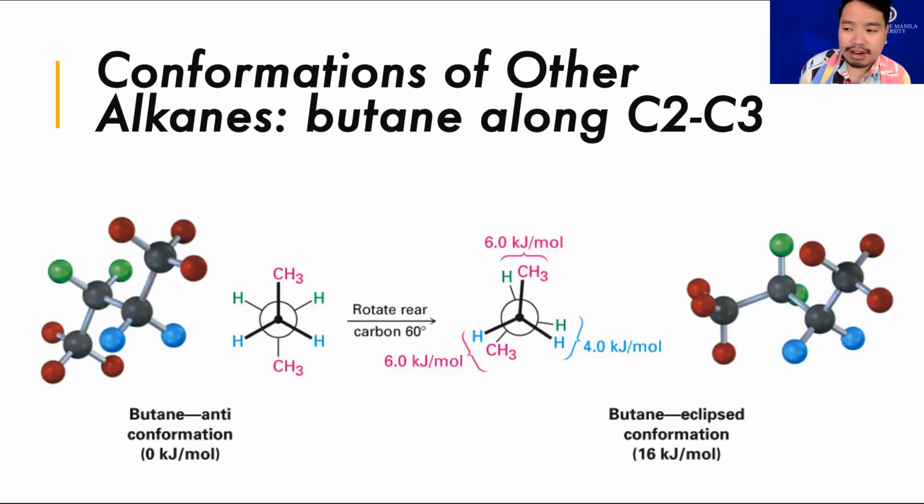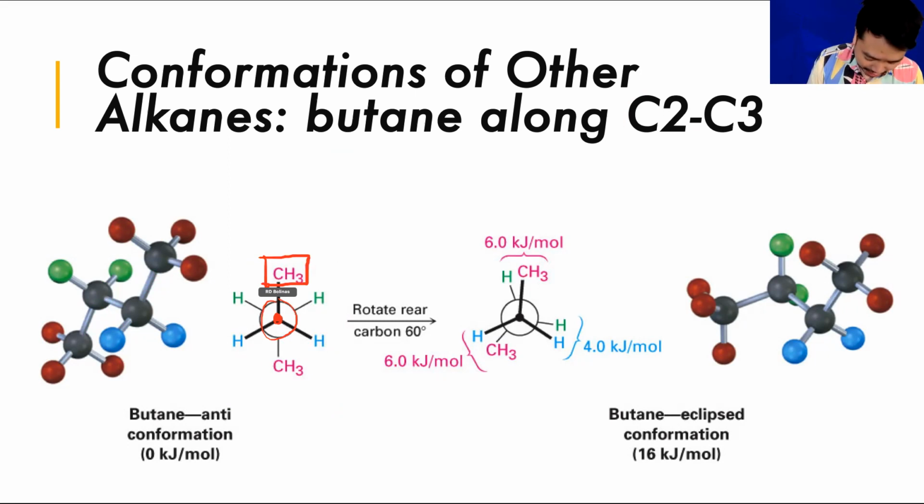Now, this particular form of staggered has a special classification. It's not just any form of staggered butane. If you look at the carbon in the front and the carbon in the back, they each have a key group, meaning the largest group on them. So the carbon in the front has this large CH3 group.